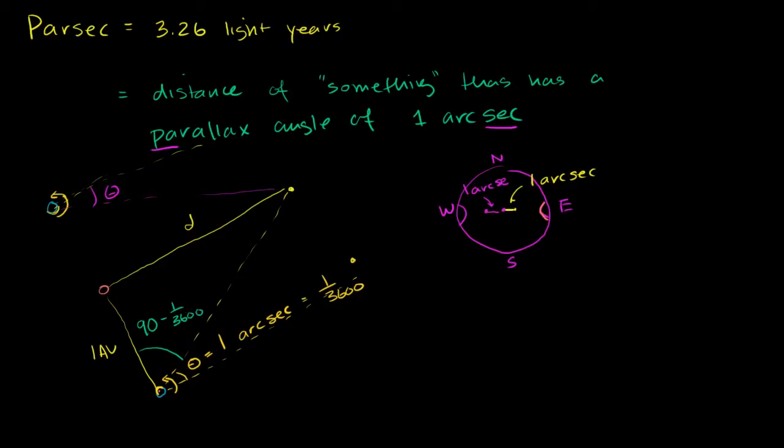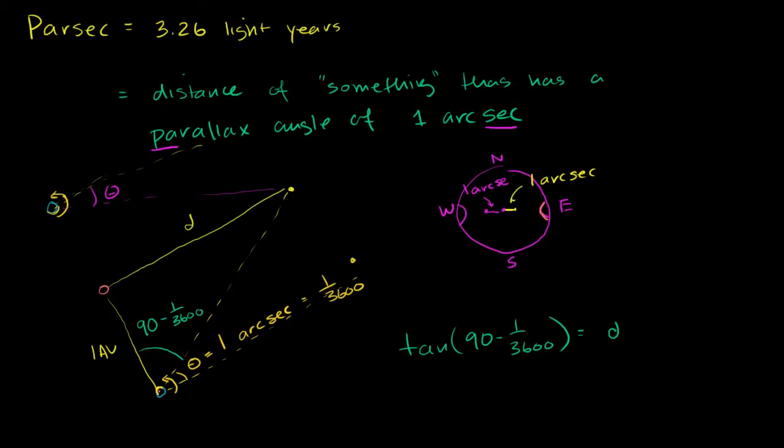And we just use a little bit of trigonometry. The tangent of 90 minus 1/3600 is going to be this distance in astronomical units divided by 1. Well, you divide anything by 1, it's just going to be that distance.